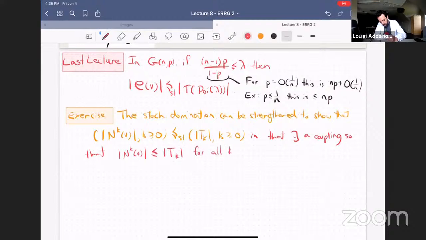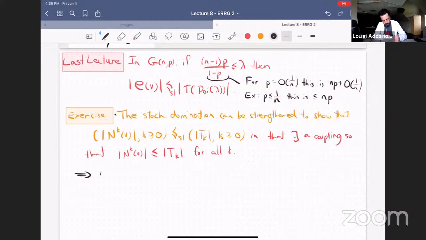That's nice because it allows one to start to get a bit of control not only on component sizes but also on distances within those components. This is also stated in the exercises in the notes.